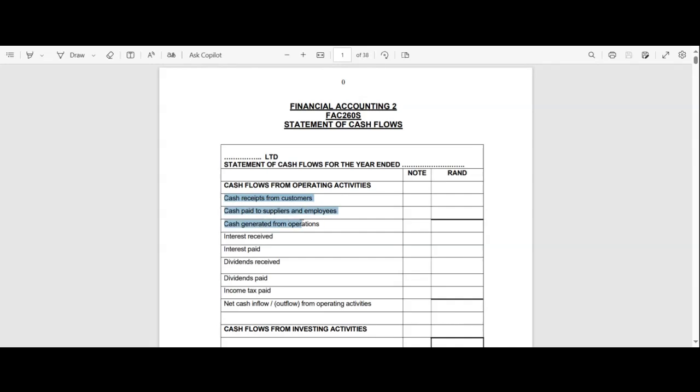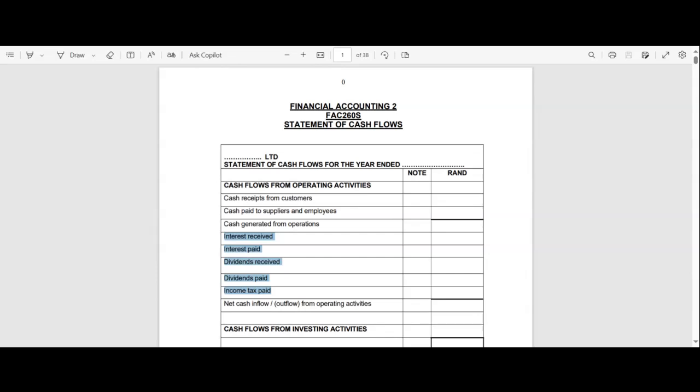So our operations section will always consist of these three line items: cash receipts from customers, cash paid to suppliers and employees, which then gives us cash generated from operations. And then, ladies and gentlemen, our so-called other operating activities section can only consist of these 5 items, no more.